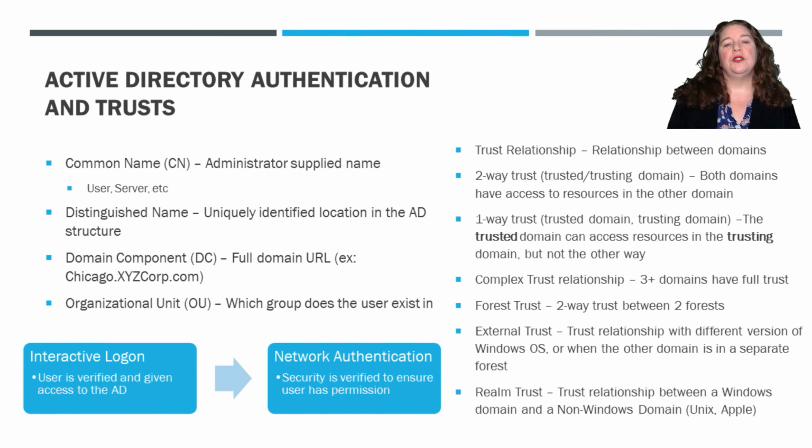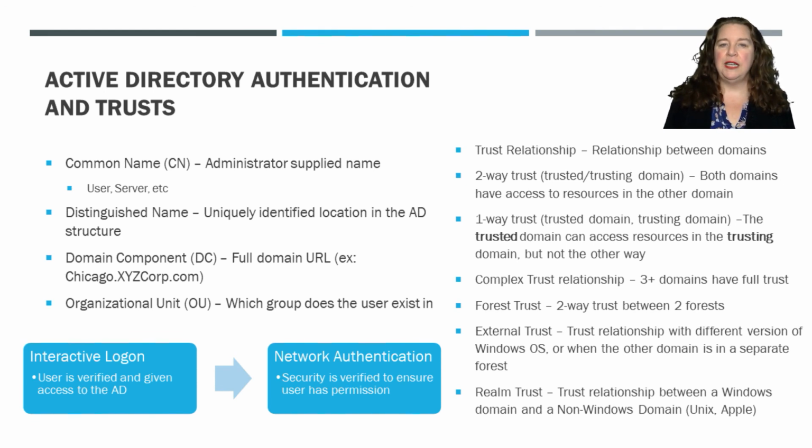Active Directory uses a concept of trust relationships between multiple trees, multiple forests, and multiple domains. So a trust relationship, in general terms, is just your relationship between multiple domains. You can have either two-way trust, where everybody trusts everybody else.